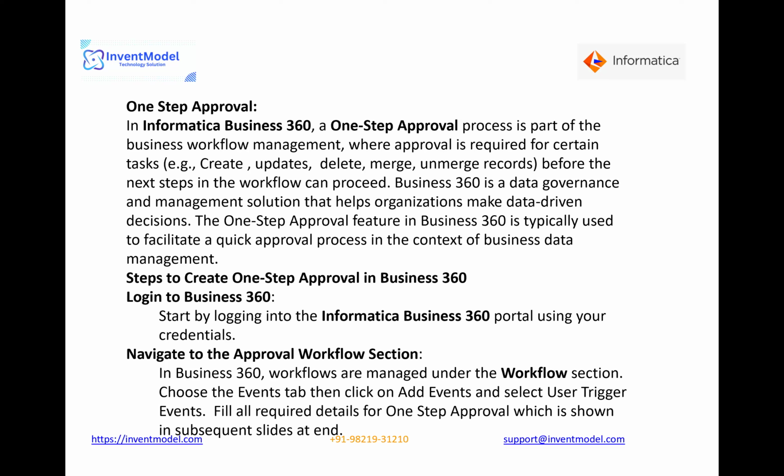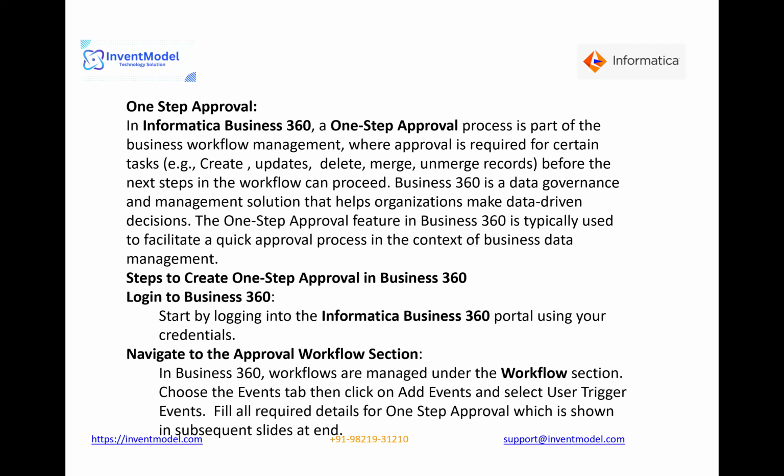So for that reason, we can have an approval process so that someone looks into it to avoid errors. We can create these approval processes when a record is created, updated, deleted, or when users merge and unmerge records, so the next step of the workflow can proceed.